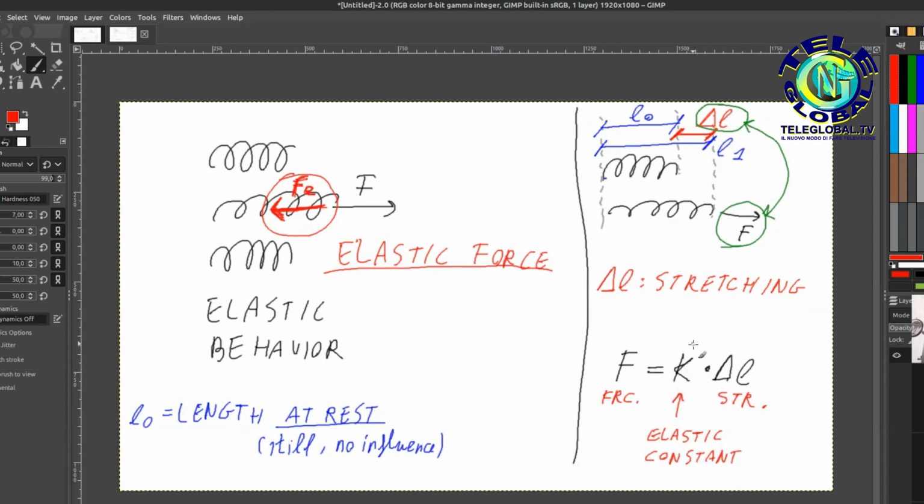Constant because this value will not change, and it basically depends on the physical characteristic of your specific spring.